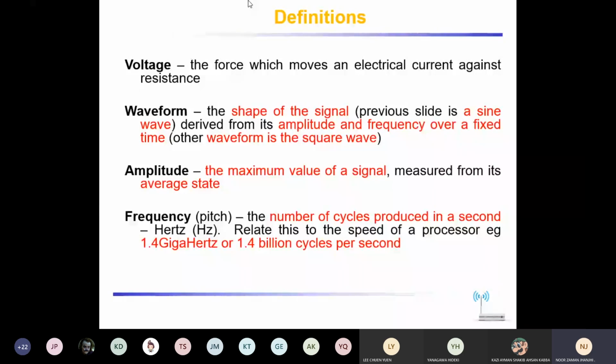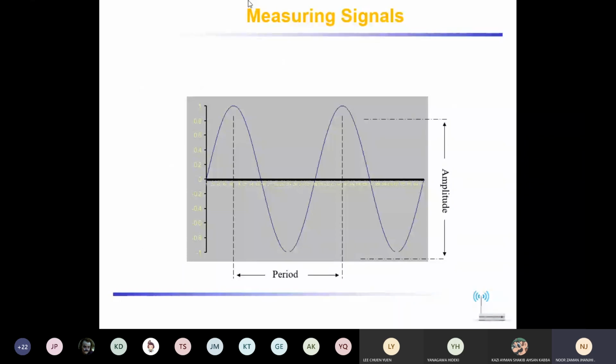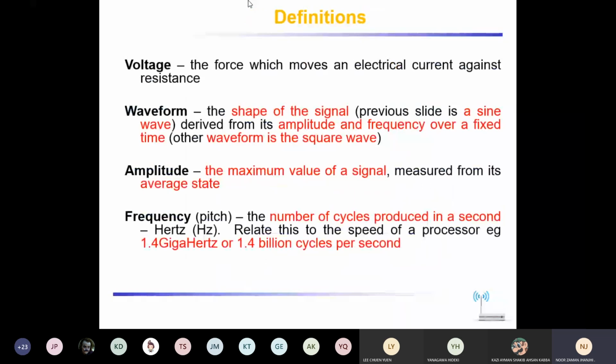Waveform is the shape of the signal. You can see from the previous slide what we are referring to here. This is the shape of the signal. The signals are moving in what direction? In the form of waves. Then there are analog and digital signals, which we will discuss as well. How they travel, how they move, is known as the waveform.